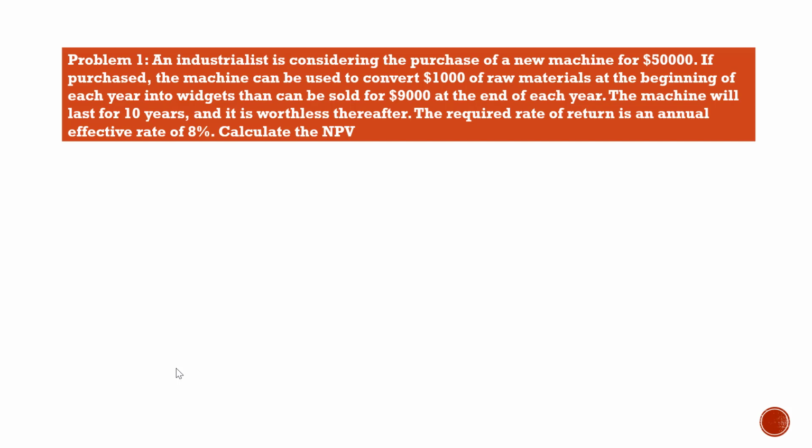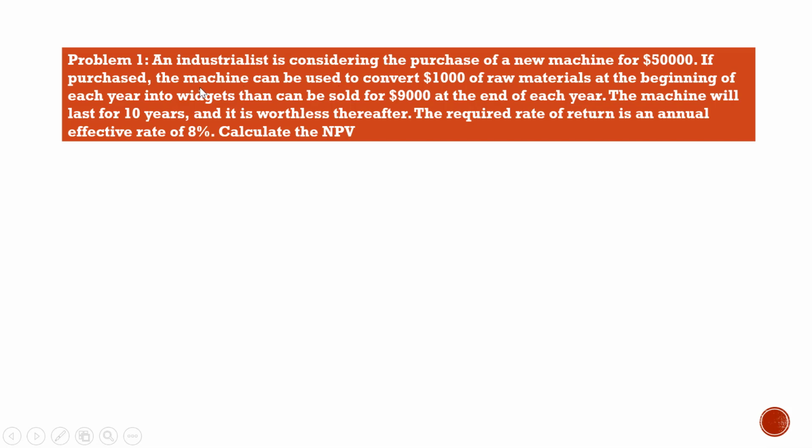Calculate the NPV. So here at time 0, the industrialist paid $50,000 for the machine. So $50,000 is the cash outflow. So that is the liability, and it's at time 0. So L0 is 50,000.